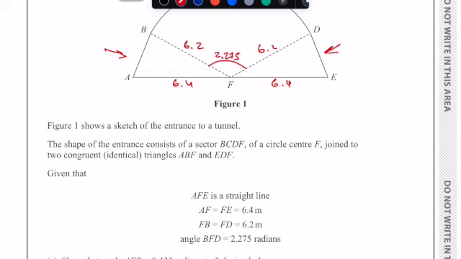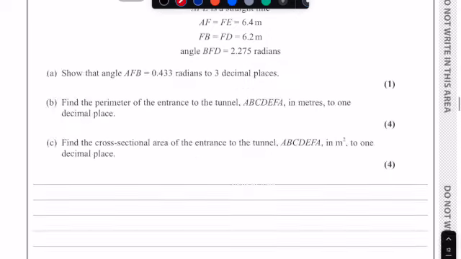2.275 rad. Show that angle AFB, which is this angle, equals 0.433 in radians. So we're going to do what? We are going to say that the straight angle we have here, this angle, that the angles which we have, both of them are equal.